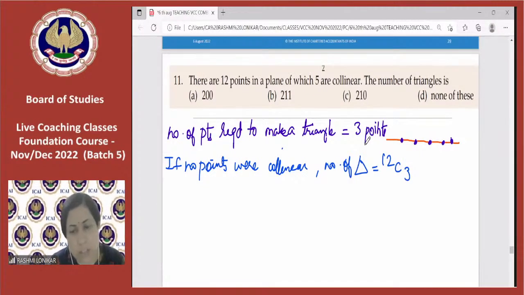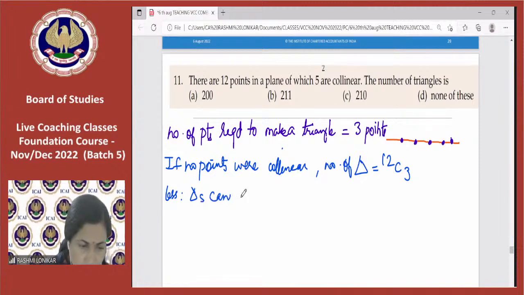Total number of points are how much? 12. So 12C3. But less, because I have 5 points which are collinear. Triangles cannot be formed with collinear points.